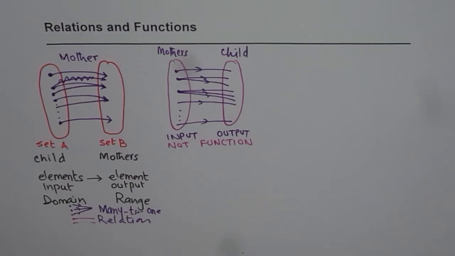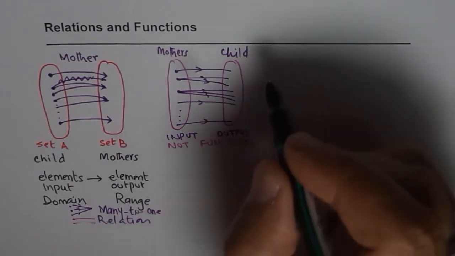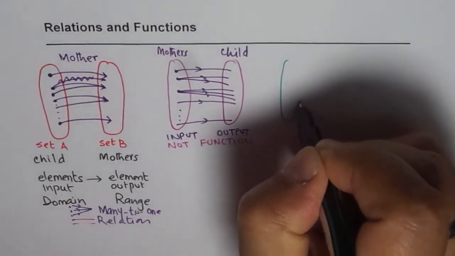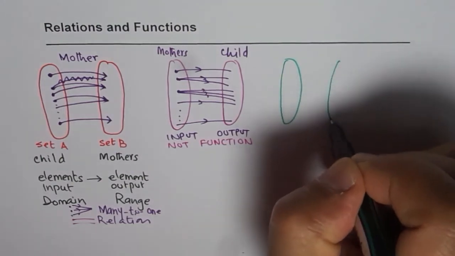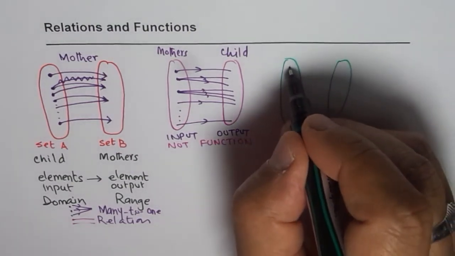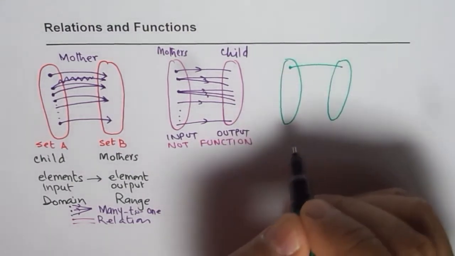Now let me talk about another relation, and that is the relation which we die for or we live for. Well, when we landed here as an immigrant in Canada, we were given a SIN number. So every individual here in this country will be associated with the SIN number.